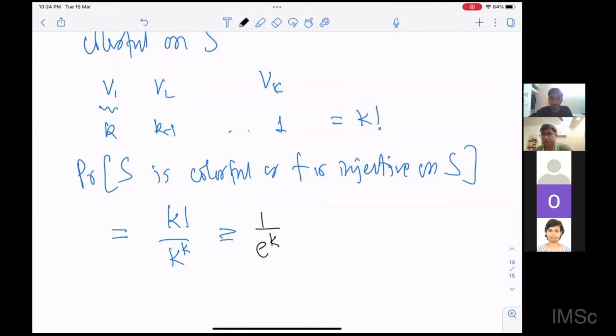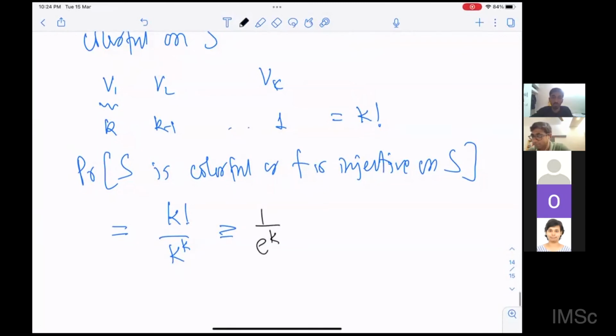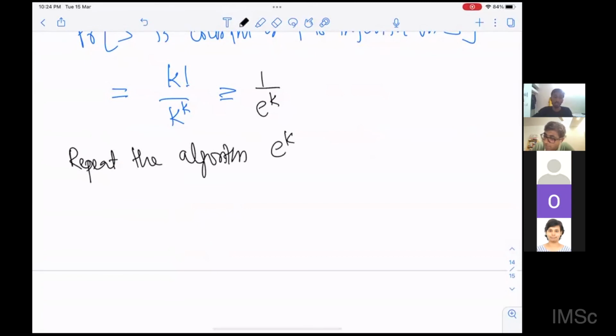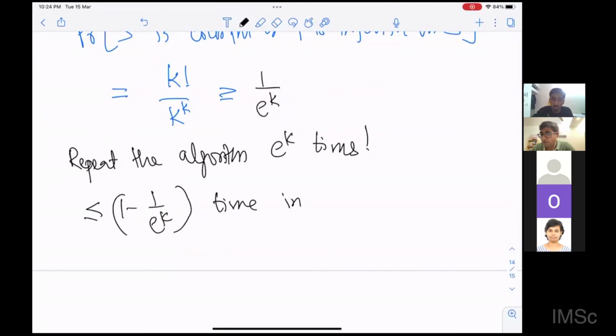Okay. So now what should be our algorithm? What should we do? Repeat this e to the power k times. Correct. Repeat the algorithm. How many times? e to the power k times. And then what will be our success probability? Our failure probability is at most 1 minus 1 over e to the power k in 1 round.